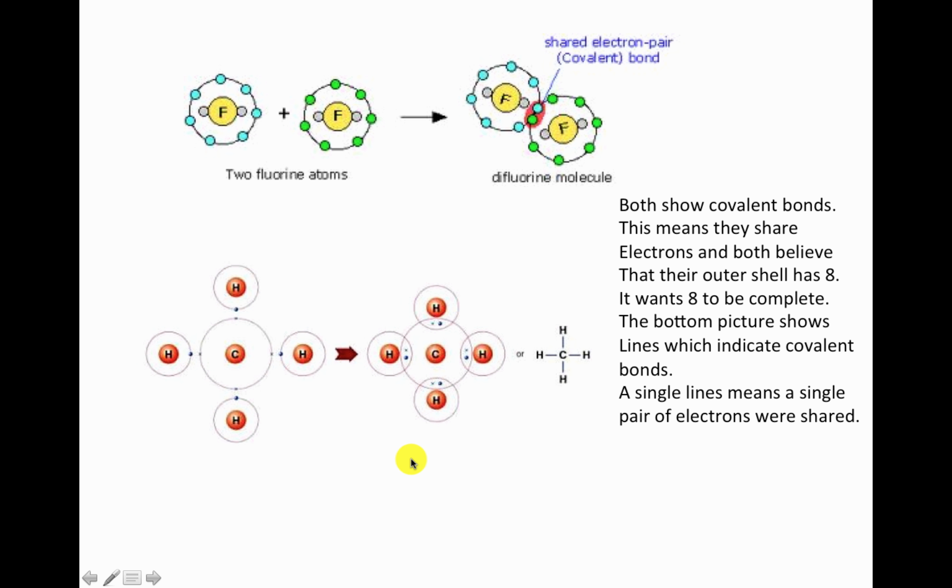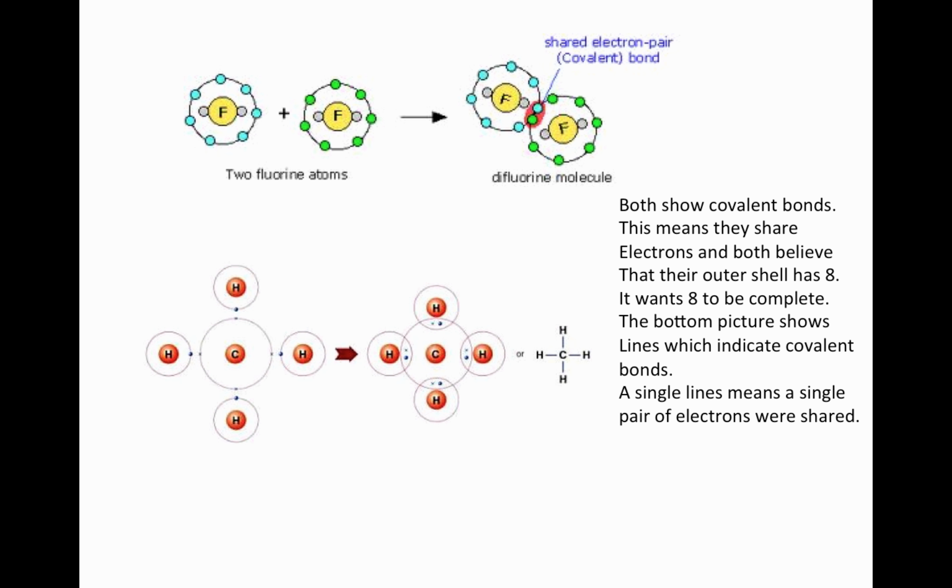Hi, I've added 2 slides, so this is an addition. Hopefully you'll see it. I just wanted to go over covalent bonds. Covalents are different than ionic. Covalent means they are sharing the electrons. There are many subsets of covalent, as you're going to see.